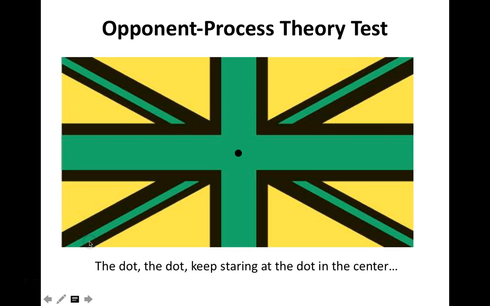Well, the other thing you should have noticed as you were staring is that there might have been some bleaching where the whole thing might have just sort of started to fade away. Okay, and then when we ended this, you should have seen red, white, and blue because you bleached out the yellow by staring.